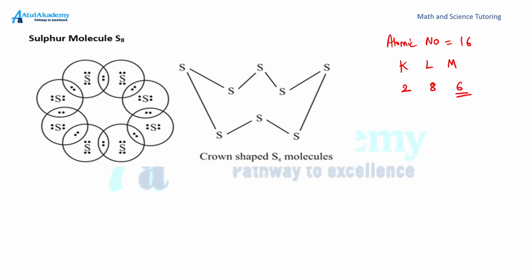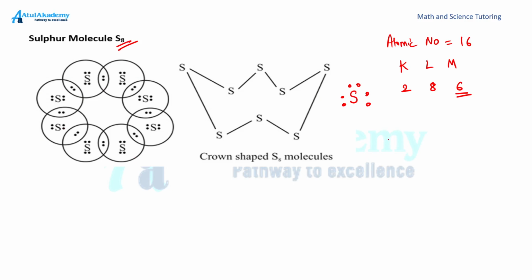So it also has 6 electrons, as oxygen, in its outermost shell. So I can represent it like this: 1, 2, 3, 4, 5, 6. I'll keep it as dot because we need to make a ring, because 8 atoms combine in sulfur to make the sulfur molecule.